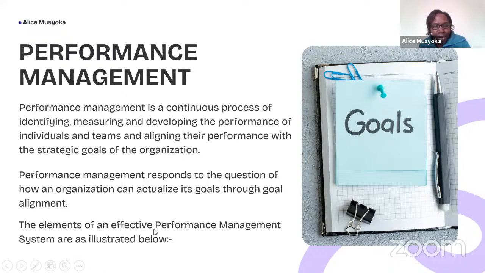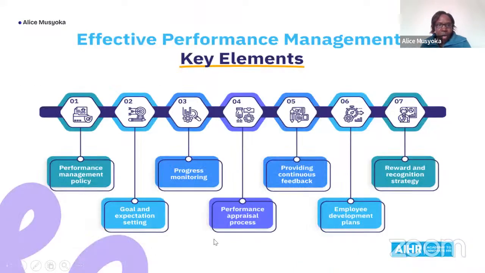The elements of an effective performance management system are as illustrated below. So these are the key elements of an effective management system, and I believe most of us are familiar with this.